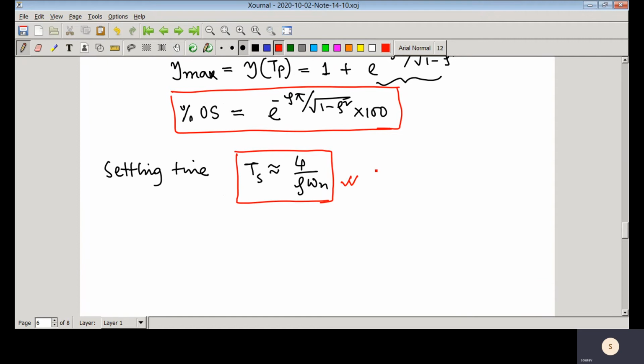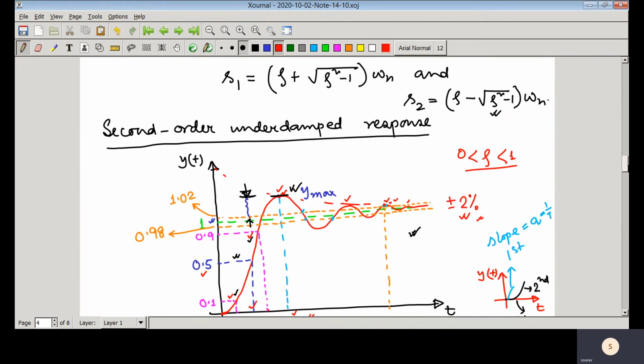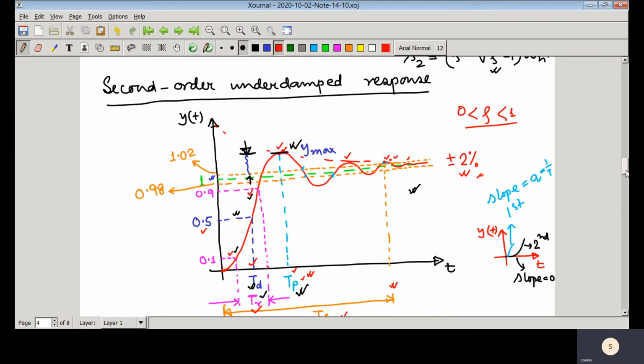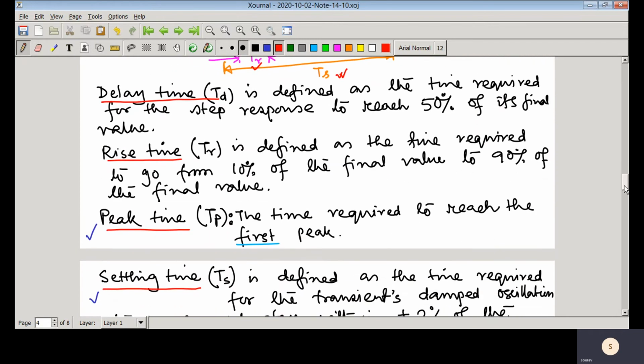It is nearly equal to 4 by zeta omega n, and mind that here we have taken the plus minus 2% band. In some cases a 5% band is also considered. If you take plus minus 5% in place of plus minus 2%, the value would be different.